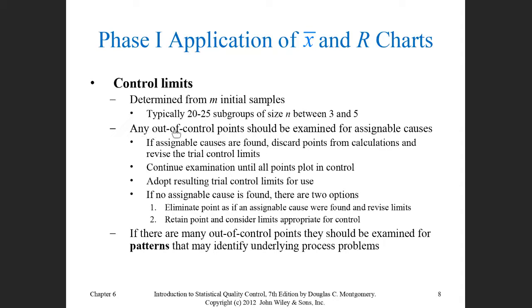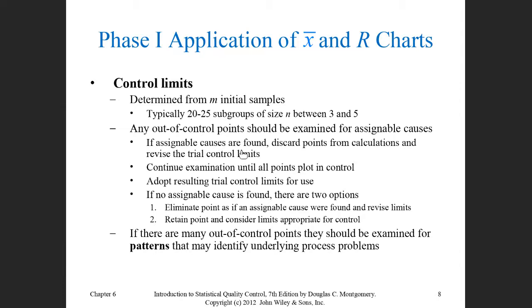When we have out of control points, the point should be removed and we examine the assignable causes. So if we have an out of control point, we should examine the assignable causes that caused it. If the assignable causes are found, then we discard the points from the calculation and revise the control limits.